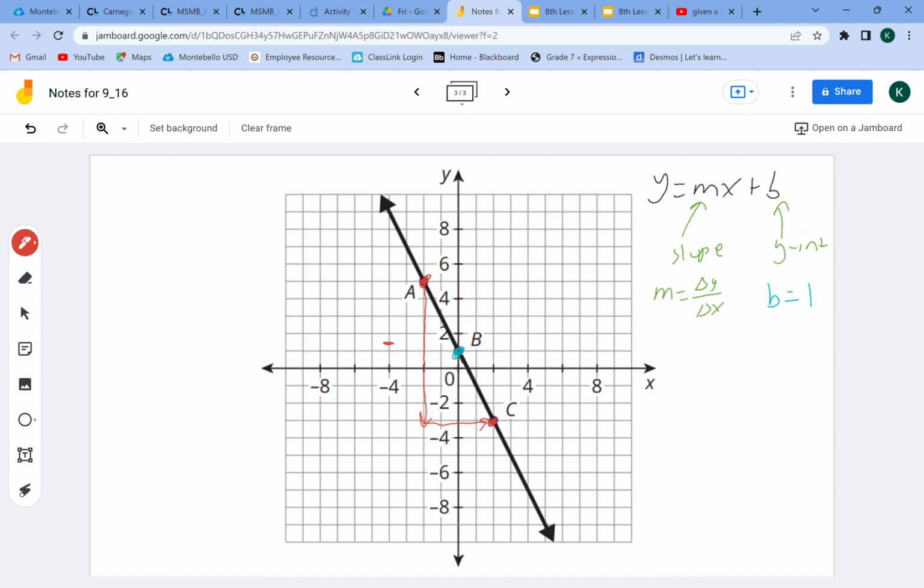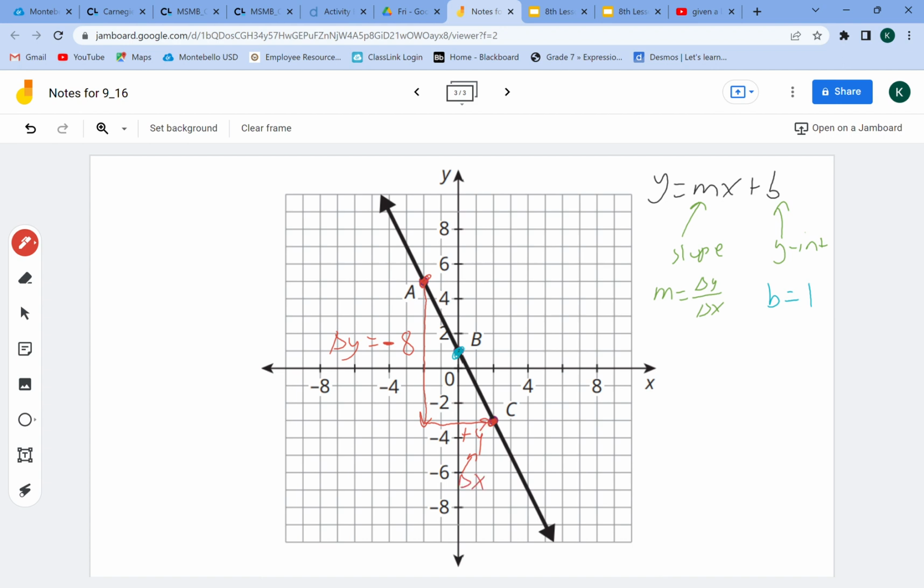So I'll put negative 8. That's my delta y. Now for delta x, I go to the right 1, 2, 3, 4. Since I went to the right, that's a positive 4. This is my delta x.